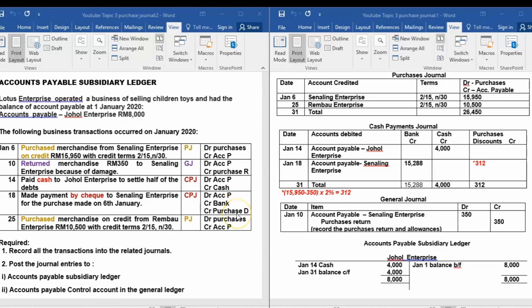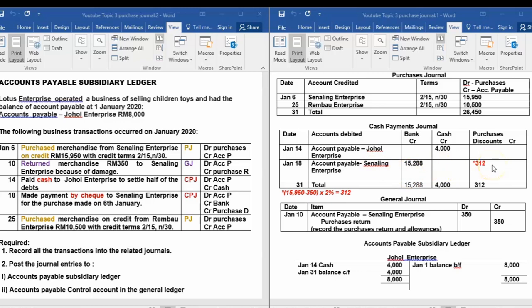We received a purchase discount from Senali Enterprise because we had settled the debts within 15 days, from 6th of January until 18th of January. So we record in the cash payment journal, 18th of January, debit account payable, Senali Enterprise, credit bank 15,288 and credit purchase discount.